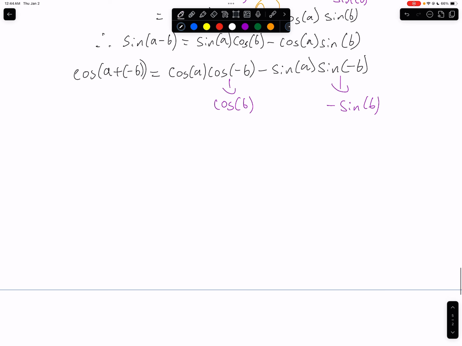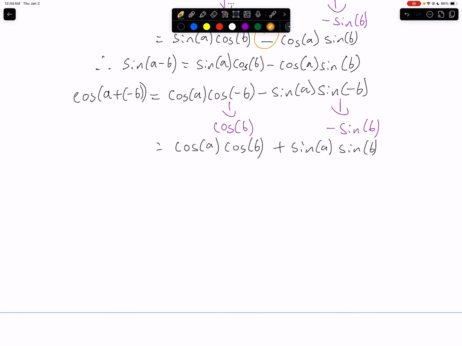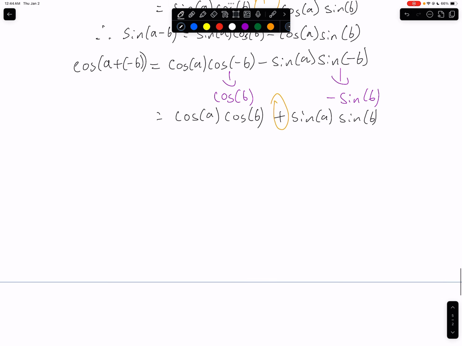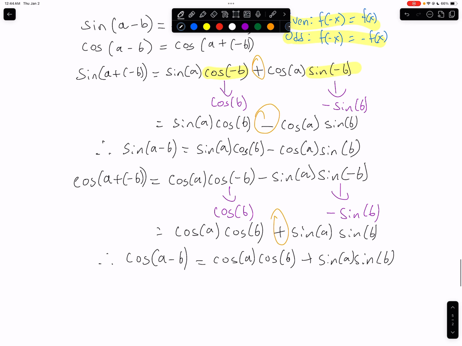So then we'll get cosine of a cosine of b plus sine of a sine of b. Again, hopefully you see it's just a sign switch. So therefore cosine of a minus b equals cosine of a cosine of b plus sine of a sine of b.